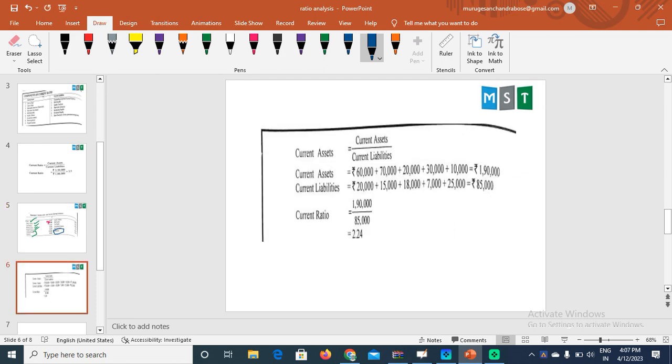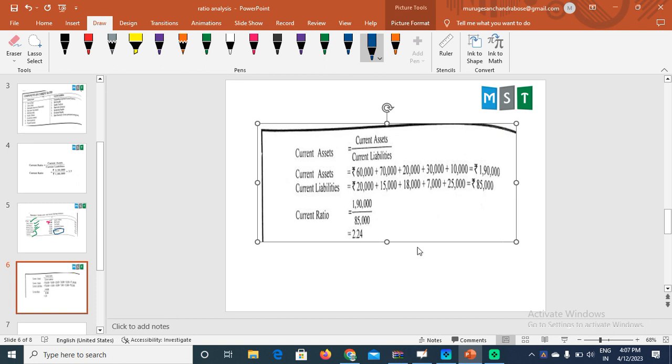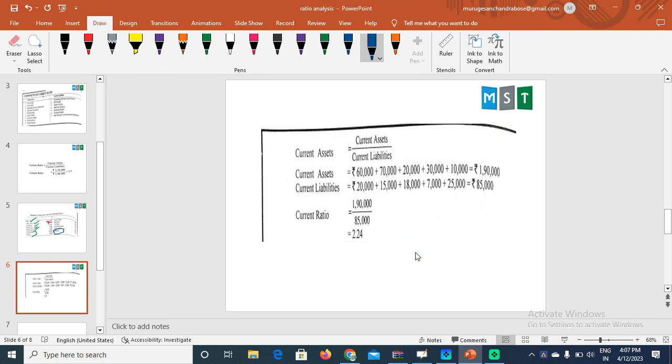Now the current ratio is 1,90,000 divided by 85,000, so about 2:1. Now it is 2.24. Correct.